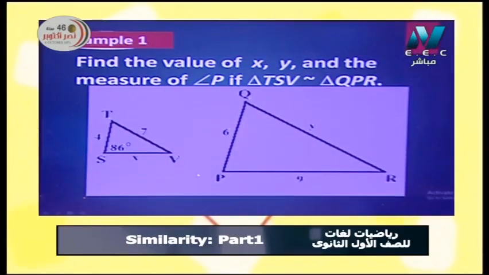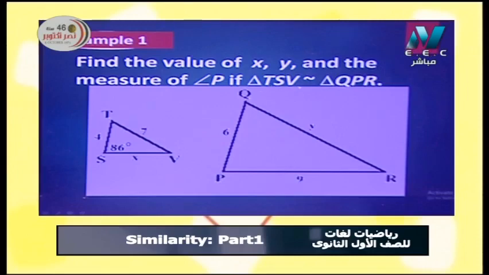Let's move to the next example. Find the value of x, y, and the measure of the angle P if triangle TSV is similar to triangle QPR. Now the difference in this question is that they give you that the two triangles are similar already.